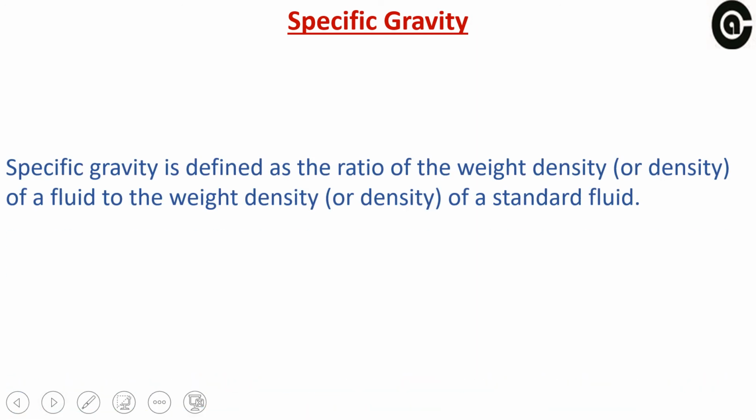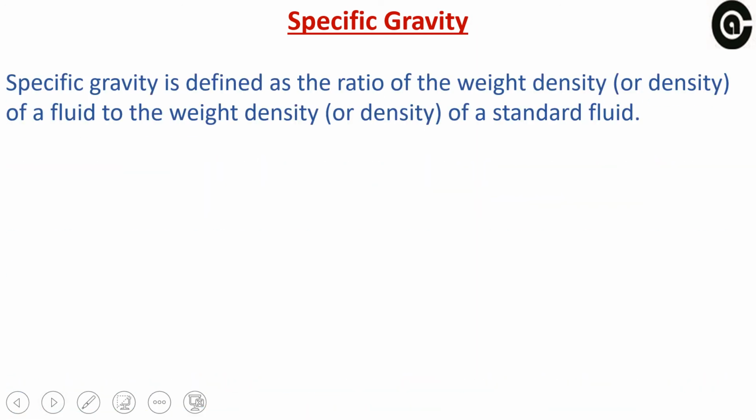Now, the next property is specific gravity. Specific gravity is basically the ratio of weight density or simply mass density of a fluid to the weight density or mass density of a standard fluid.